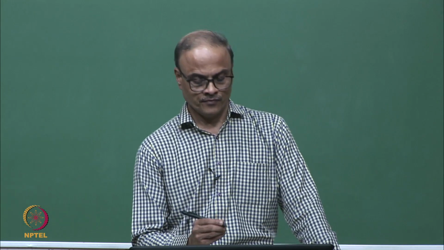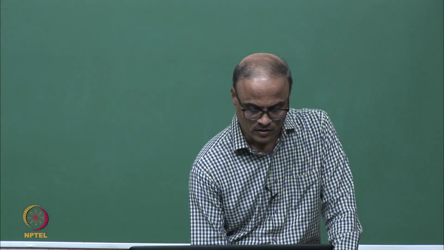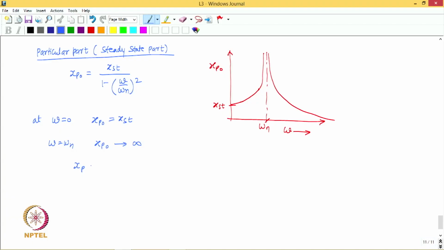to look at the basic equation. In our case, the particular part of the response, if I rewrite it again here, was x static upon 1 minus omega upon omega n square, cos omega t minus cos omega n t. This was the particular part of the response.